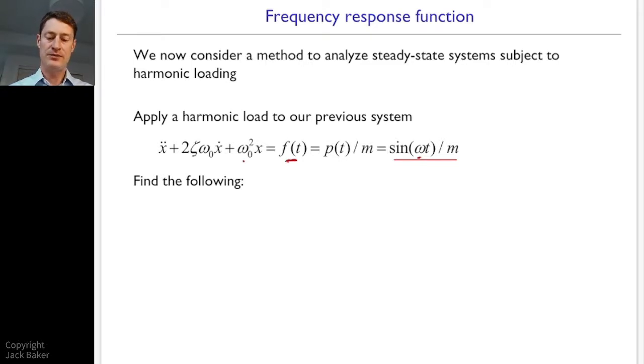Given this framing where I'm using this underlined term as my loading, and I'm thinking about steady state, so I don't have that initial impulsive response, but when the structure settles down to oscillations that are just a sine function, what I want to know is, what is the response of the structure? More narrowly, but very helpfully for us in this framing, I want to know how big is the max of x of t relative to the max of f of t.